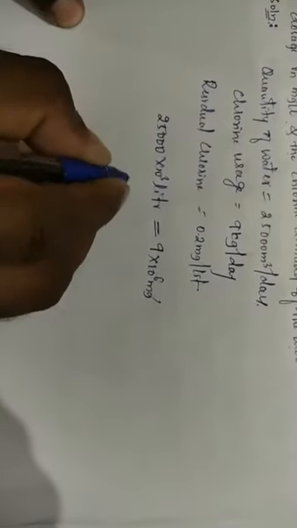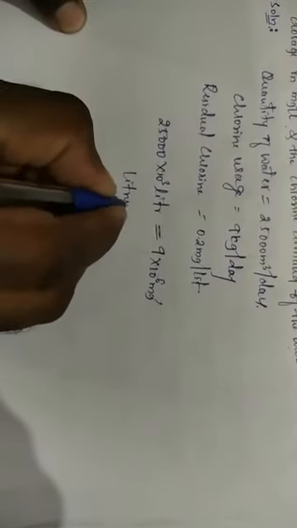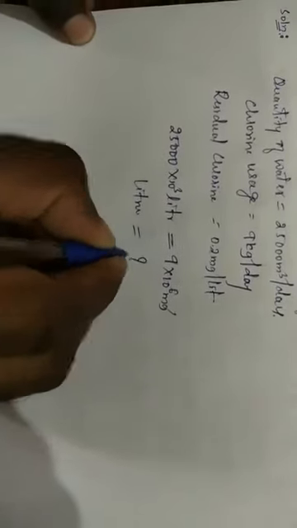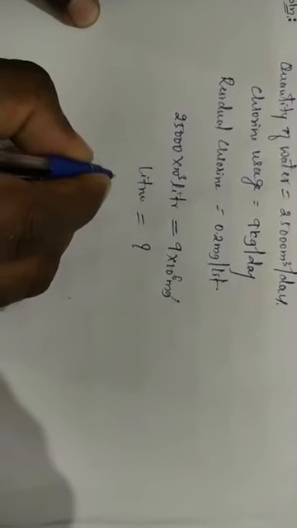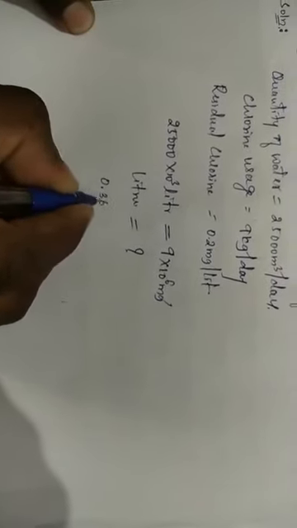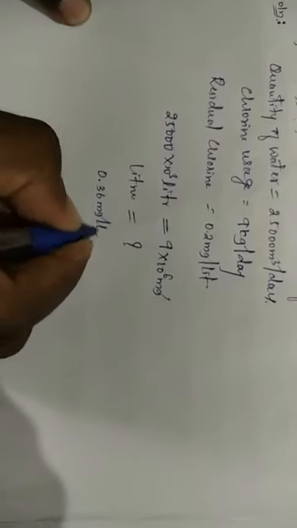For 1 liter of water, how much chlorine is required, we have to find out now. By simplifying this equation, you will get 0.36 mg per liter of chlorine.